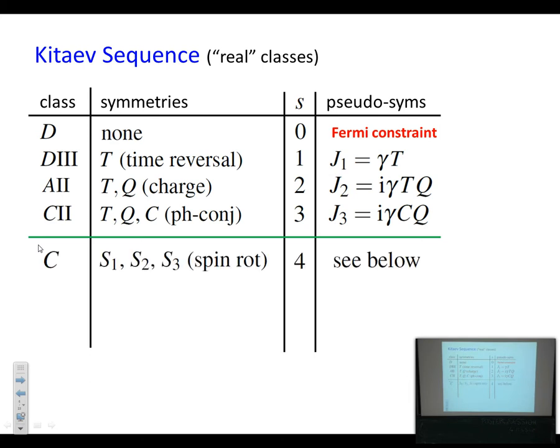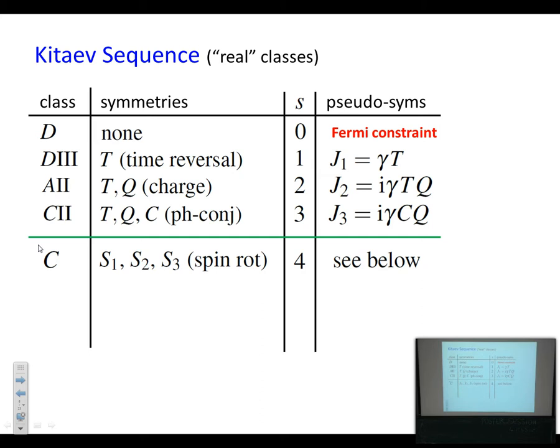To continue, we have to wipe the plate clean. So we cross out all of this, and we start anew. We now declare that our physical system, which in condensed matter applications means electrons with spin 1/2. And electrons carry the fundamental representation of SU2. S1, 2, 3 are the generators of SU2. And if spin is conserved, because spin rotations are symmetries, then these are the generators of true physical symmetries of our system.